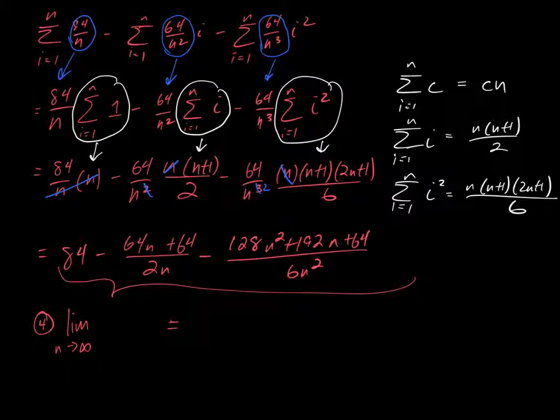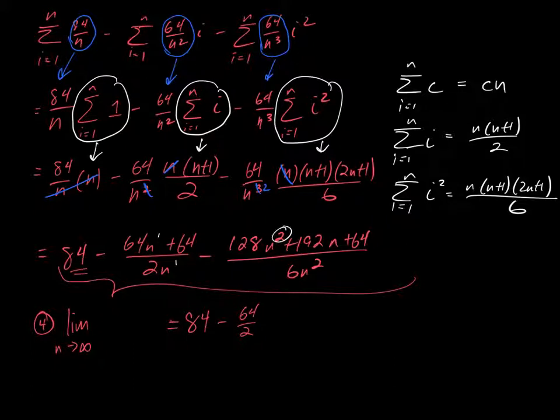Well, since we have the same degree in the top and the bottom here of this fraction, we can just take the ratio of the leading coefficients. So we would have 84 minus 64 over 2. And the same thing that happens over here with this fraction.